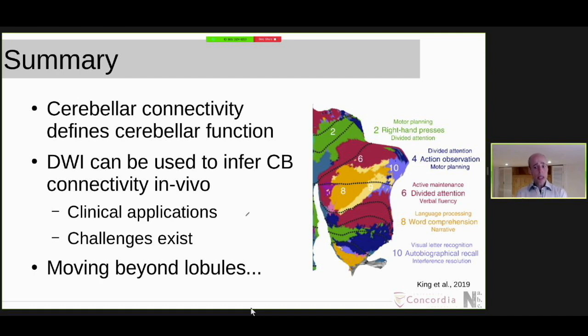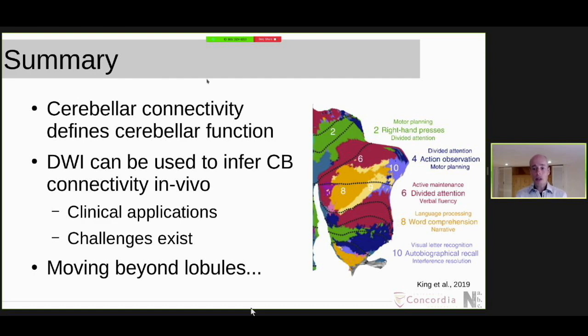Of course, as with every type of research that we do, there are lots of challenges that exist. Most of those challenges, I think, are down to diffusion imaging, but we're slowly trying to work through those. The last point I wanted to make is about moving beyond lobules, and I think I made this a little bit throughout, and you should really see this nicely in Joern Diedrichsen's talk.